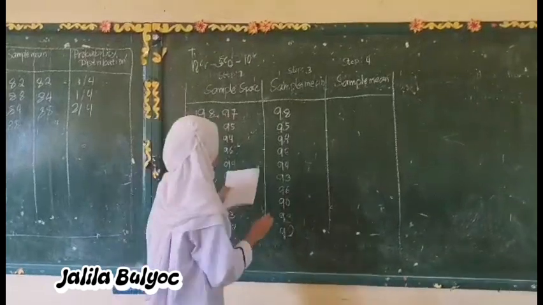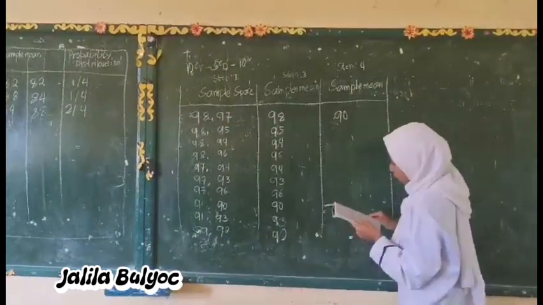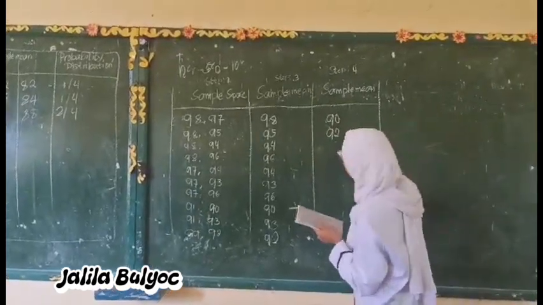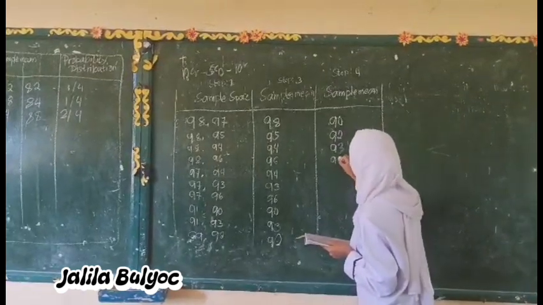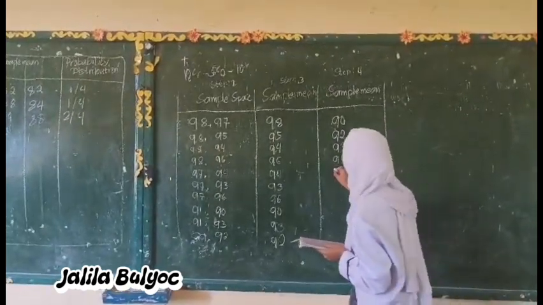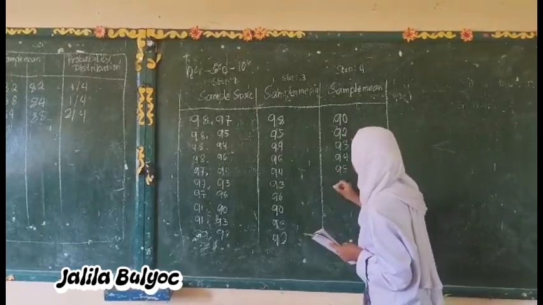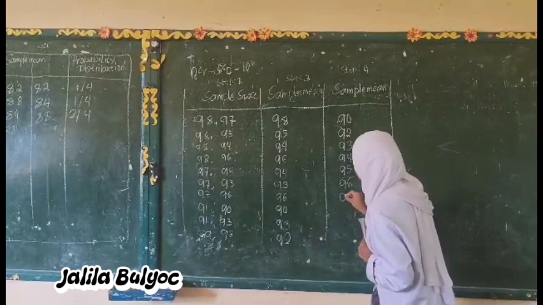So here we have 90, 92, 93, 94, 95, 96, and 98.